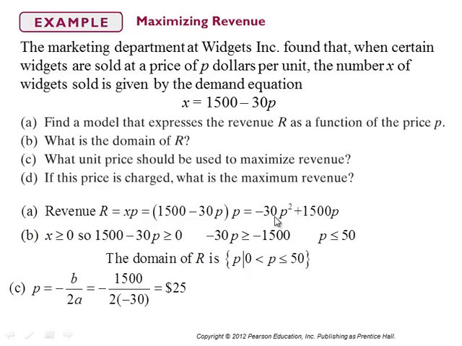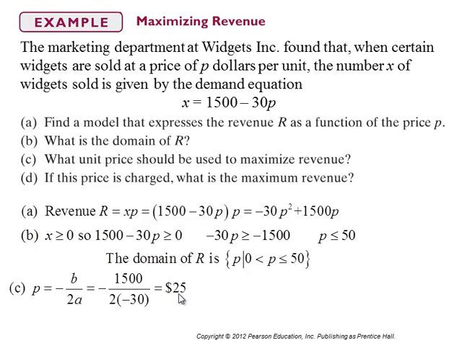So the graph is going to open downward. So there's going to be a maximum value. That maximum value is going to occur at the vertex. And of course, you plug in the numbers from this function here, and that works out to be P equals 25. As in, when the price is $25 per unit, the revenue will be maximized.